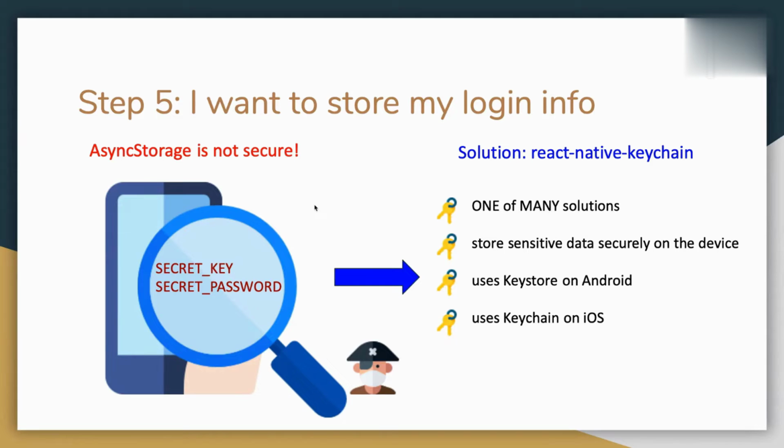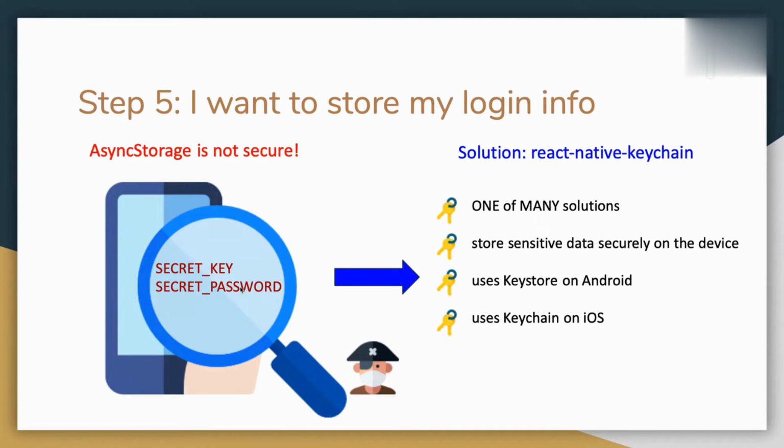So we could store it in the async storage, but the async storage, as you might already know, is not very secure. Of course, it's sandboxed, but on a jailbroken device, you can access the data just like that. And this little pirate here could steal your secret keys, your secret password, your login data, and so on.